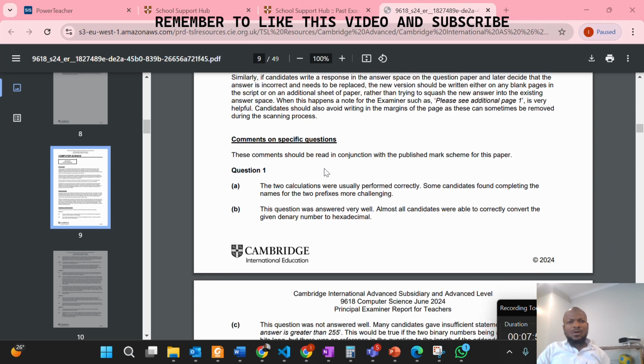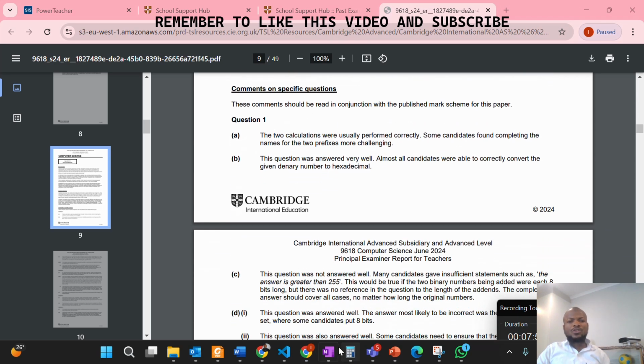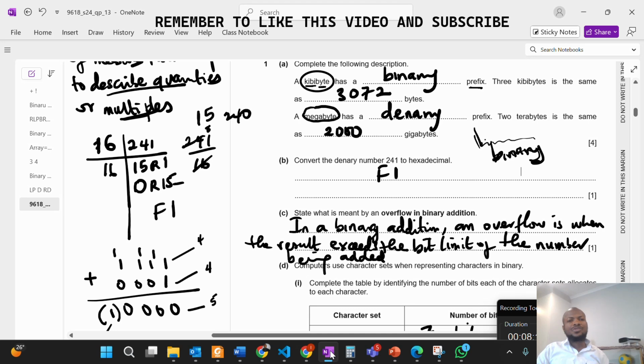So now let's take a general comment on the question 1 we just answered. The general comment on question 1 that has been answered. So the two calculations were usually performed correctly. Some candidates found completing the names for the two prefixes more challenging. So like I told you, some candidates will believe Kibi is English language.